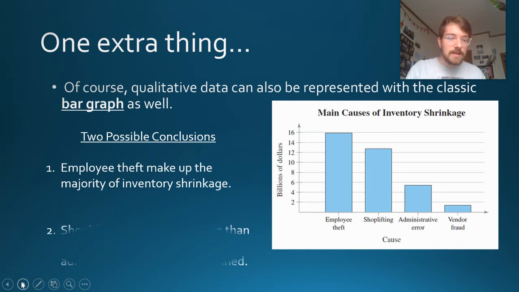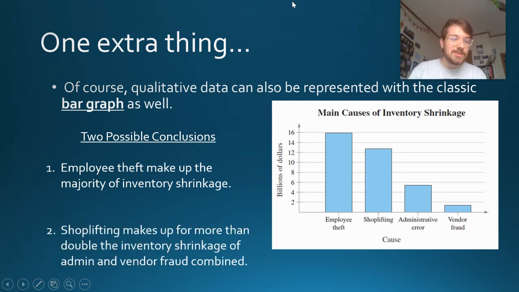Second thing I thought of is that if you wanted to make one conclusion, you could maybe combine things that are a little smaller. So you could say that shoplifting makes up for more than double the inventory shrinkage of admin and vendor fraud combined. Because in this case, it looks like shoplifting is about 13, whereas admin error is about 5, vendor is 1.